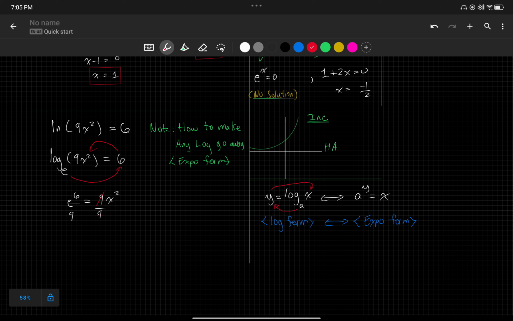So then what we have is just x squared equals e to the 6 divided by 9. And then, of course, take the square root on both sides. Don't forget about the plus minus. That way we can cancel out.